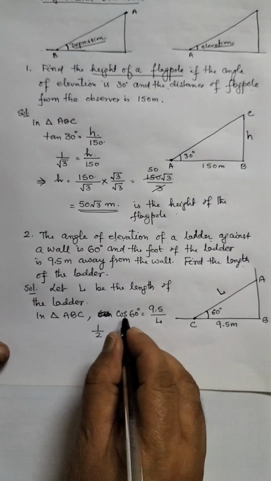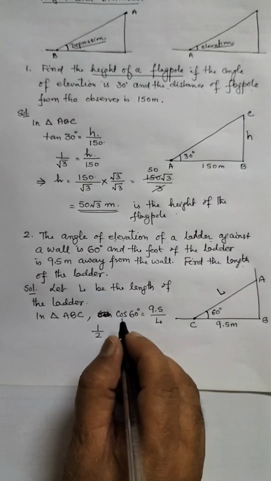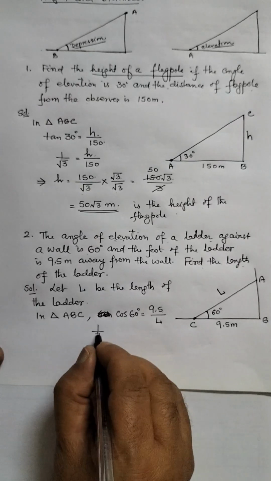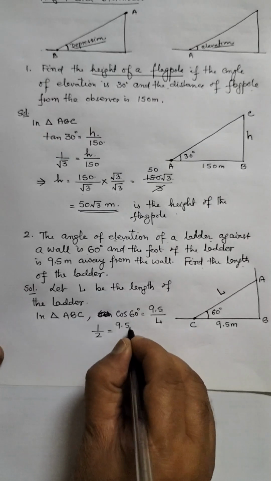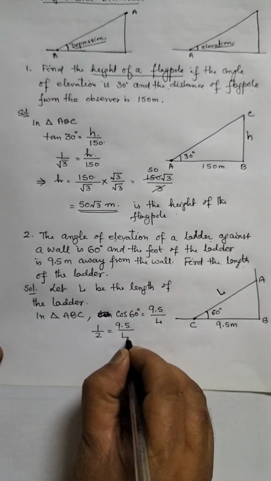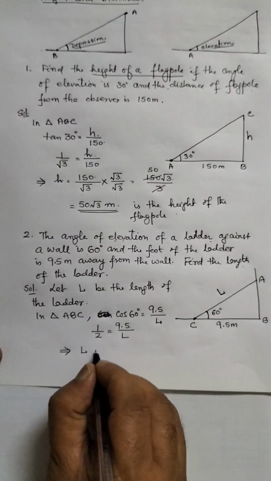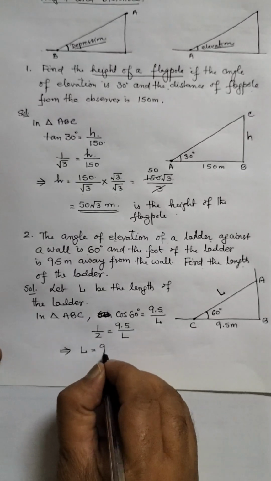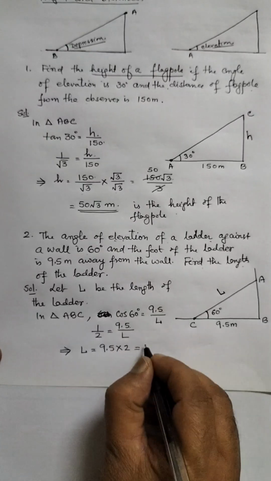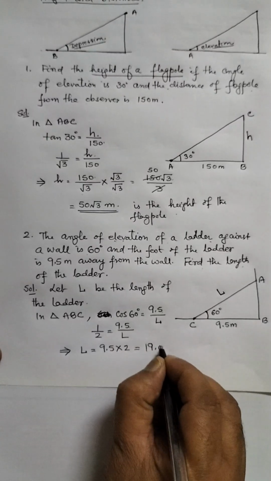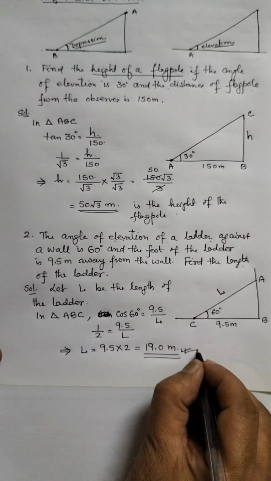We are supposed to remember the value of standard angles which we have learned in the previous session. So this half is equal to 9.5 upon L. On simplifying, it gives L is equal to 9.5 times 2, which is nothing but 19 meters, is our answer.